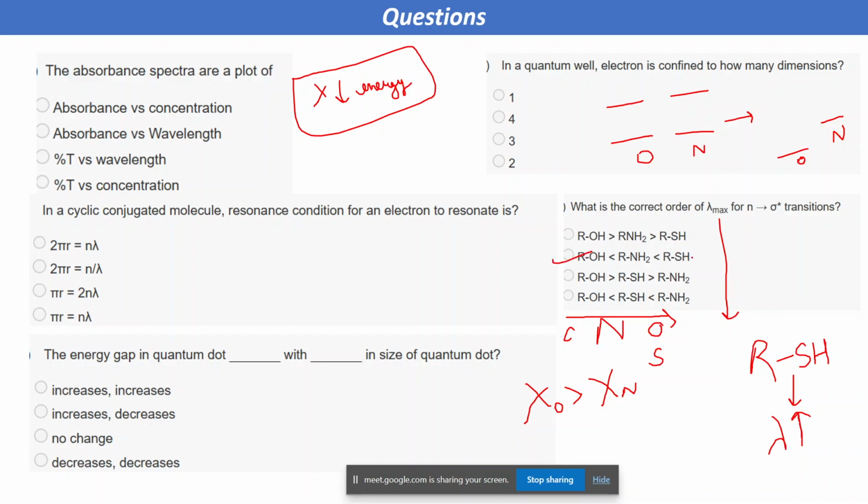Secondly, the energy gap is very small in the case of RSH. That's why the wavelength is maximum for RSH. And the energy gap is more in ROH. Therefore, the lambda value is less in ROH. Just remember these 2 points, that electronegativity decreases the energy.